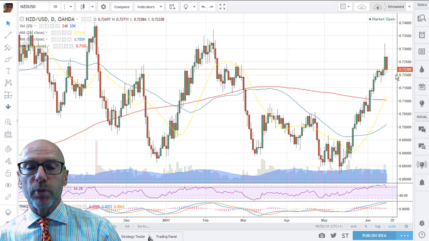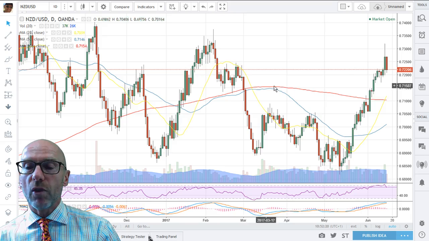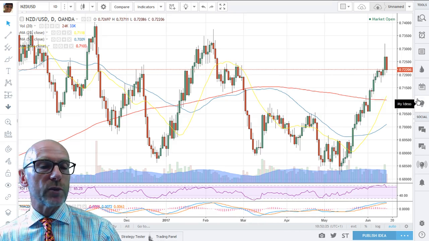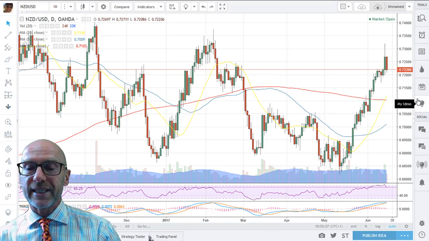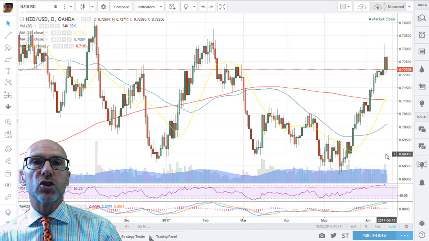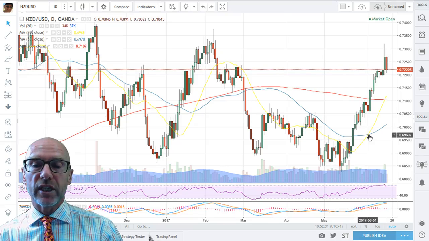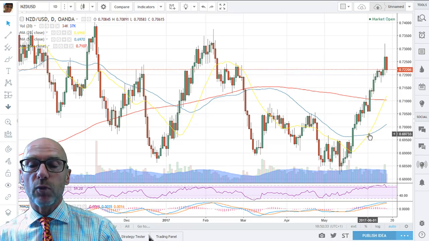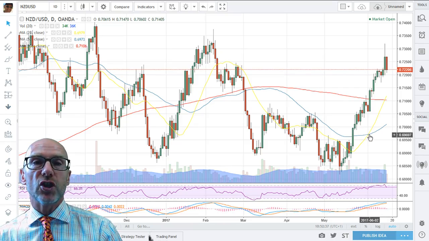There is good support on the downside, below 72 in the range of 72 to 71.50, and then the 20-day moving average would give support at 71.20. Do note that the 20-day did cross the 50-day moving average in an upward momentum on the 2nd of June.